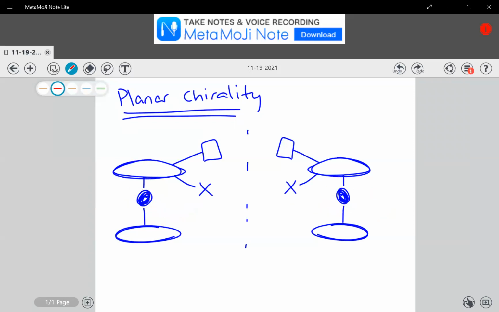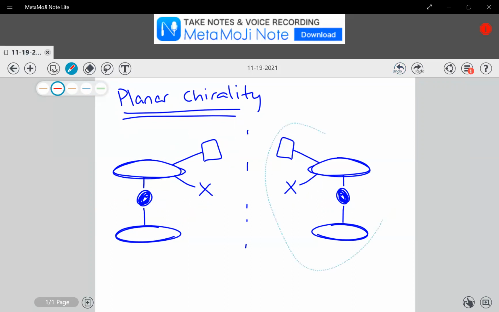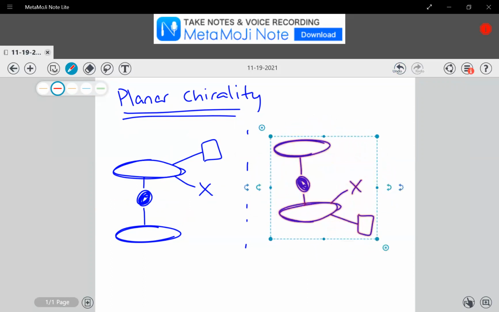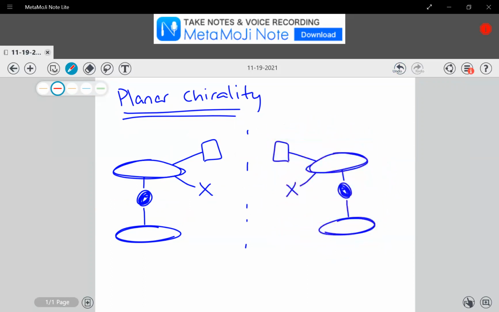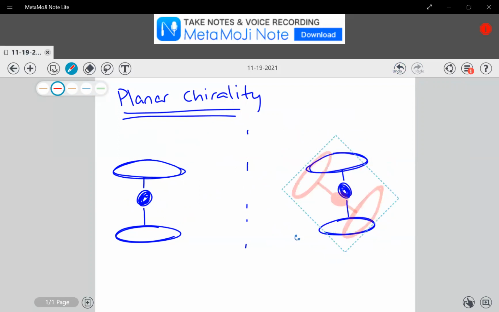And guess what? Because we put these substituents here, our molecule has become chiral. We can no longer become one another. It is impossible, it is not meant to be. However, if we remove the substituents, we can become one another.